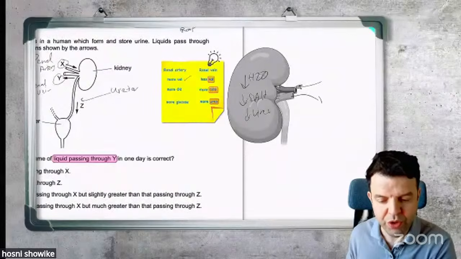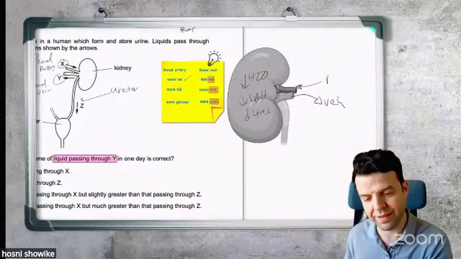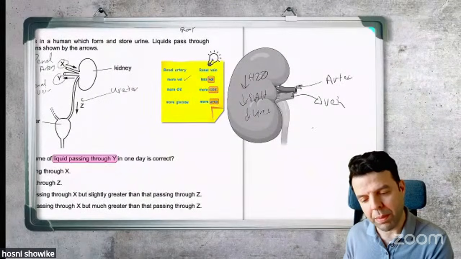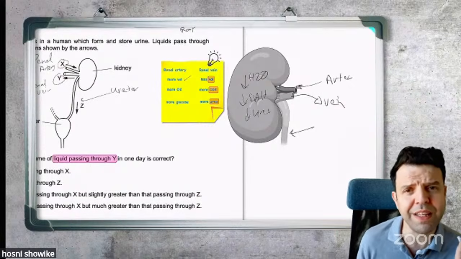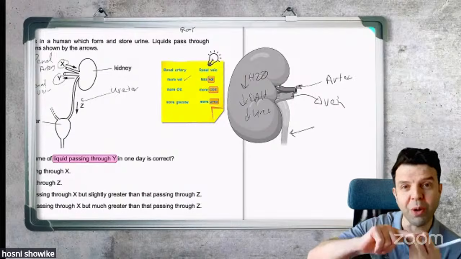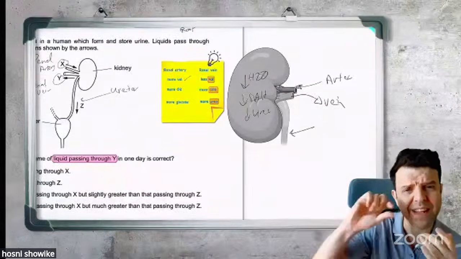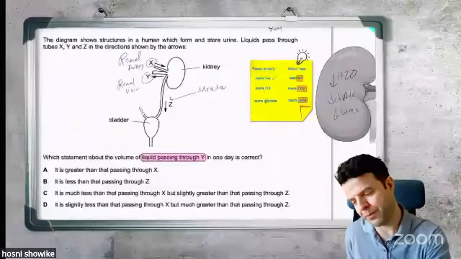So obviously what would return back here in the vein is going to be less. What about the ureter? Ureter will have the least volume. Do you know why? Because the ureter only has some water, some urea, some salt, right? That's going to be the least amount of volume, okay?